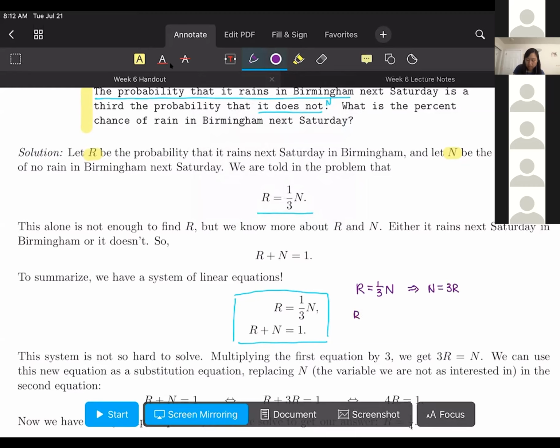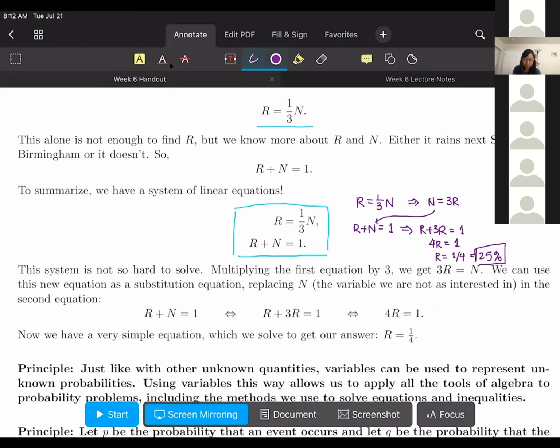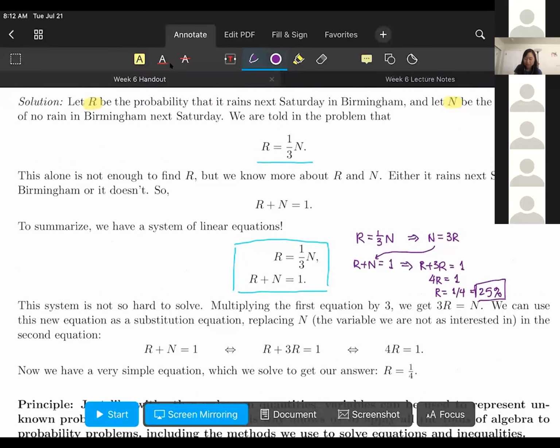And then from R plus N equals 1, if we substitute N equals 3R here, we get R plus 3R equals 1. So 4R equals 1, so R equals 1/4. So then it's 25%. And if you go through the notes, that's also what we get here. Does anyone have any questions about this example?